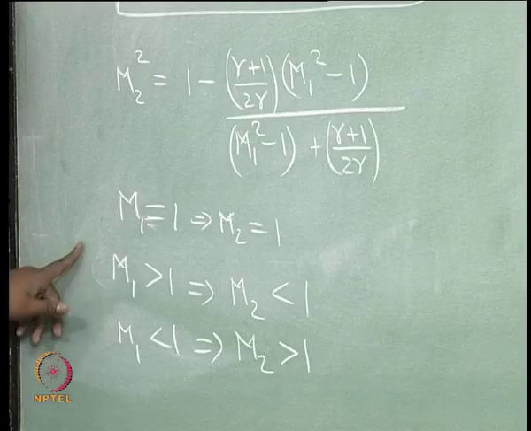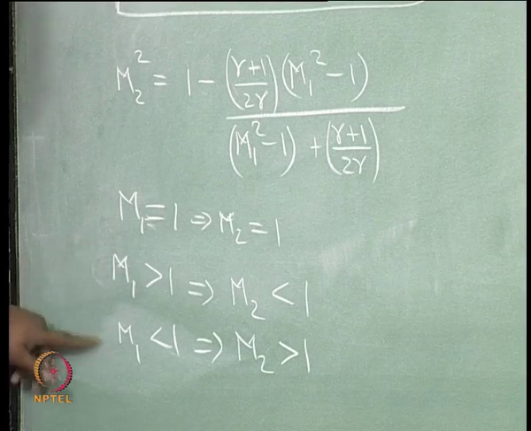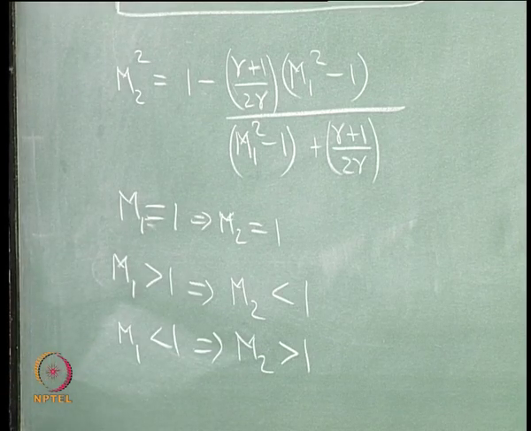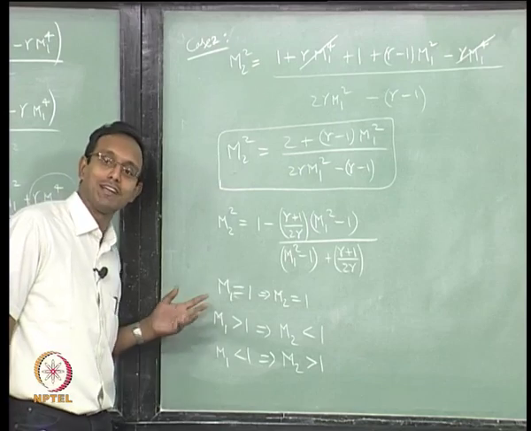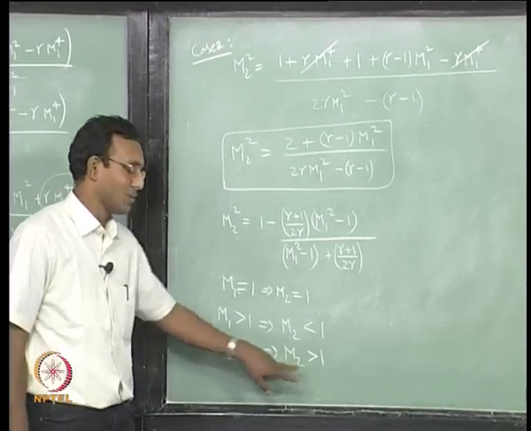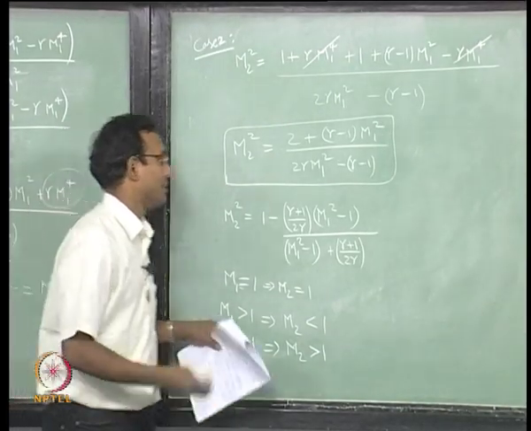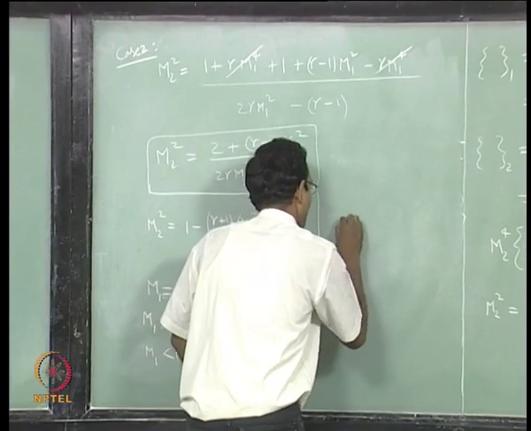But this one and this one will be very different speeds of the waves, we are going to look for this. Now, only one of them will be possible in real life, it cannot be that supersonic flow goes to subsonic and subsonic flow goes to supersonic. If I look at my pressure, I will write that same expression here.